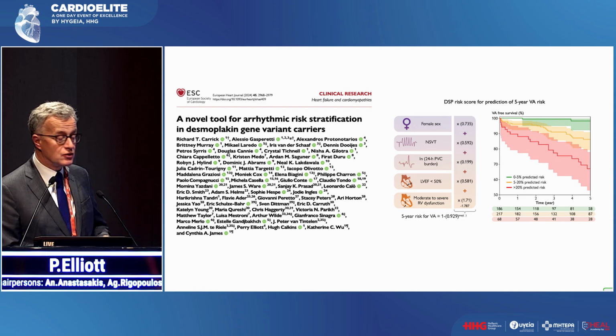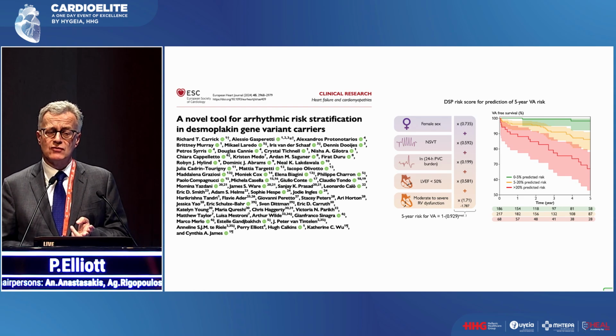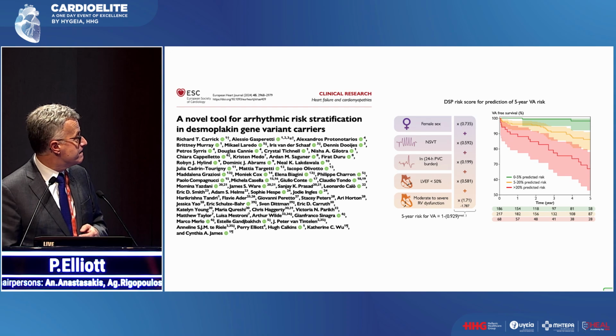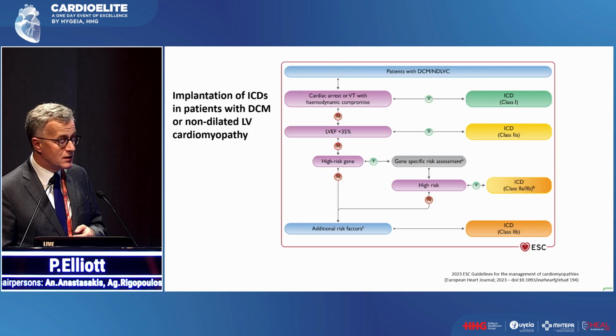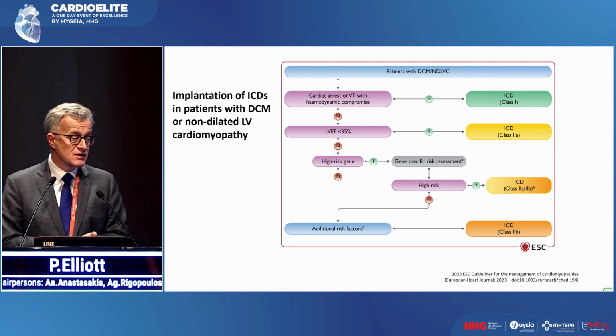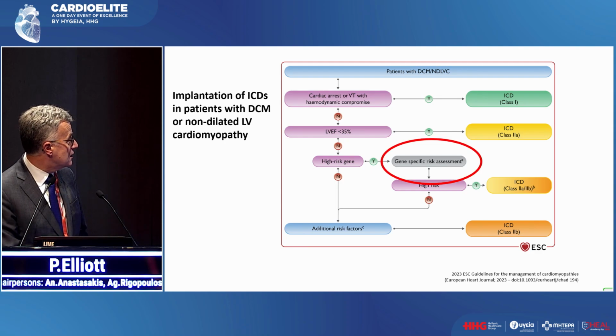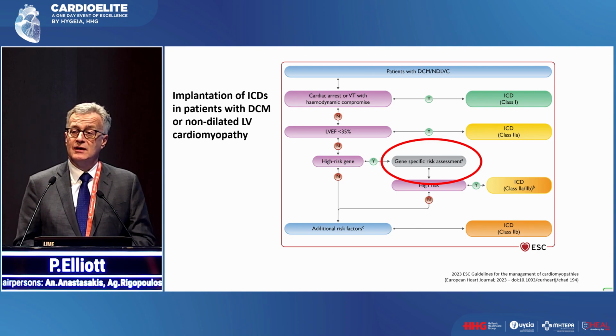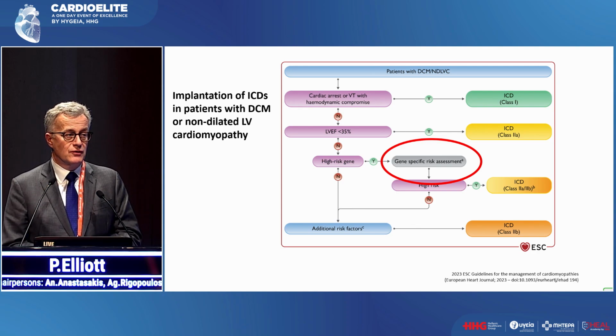Individual tools that you can use to estimate someone's risk of sudden death. And this gene-specific approach to stratification is now included in the guidelines. Yes, look at the ejection fraction, do all the things you would currently do, but if you've got a high-risk gene, then you've got to think beyond the ejection fraction.